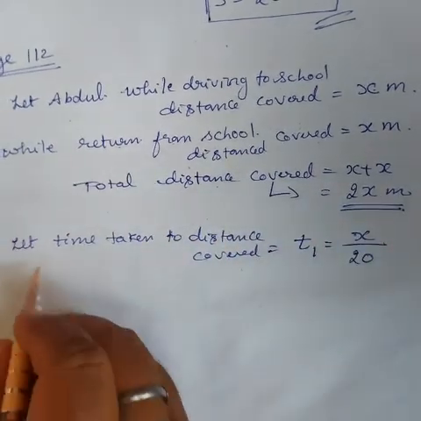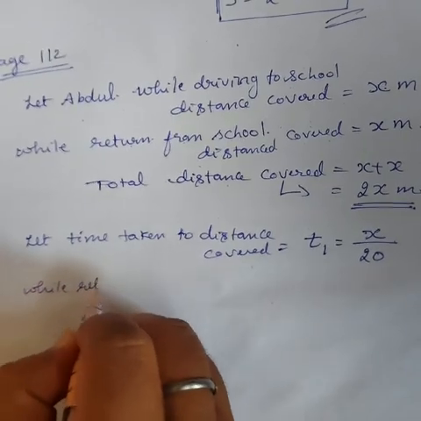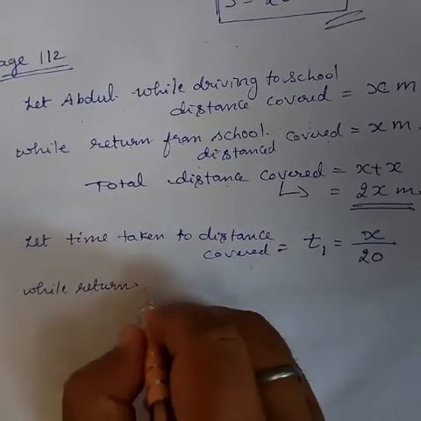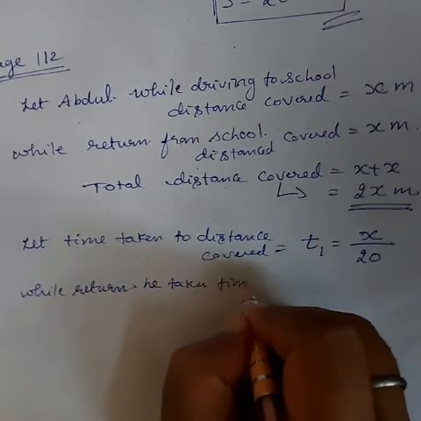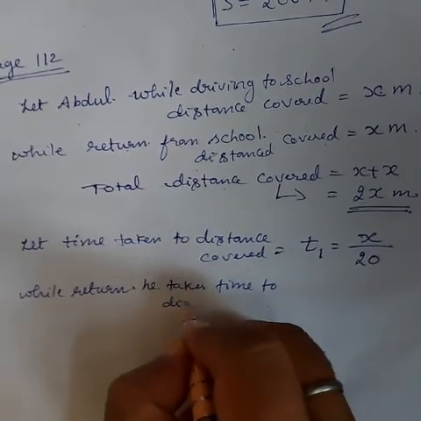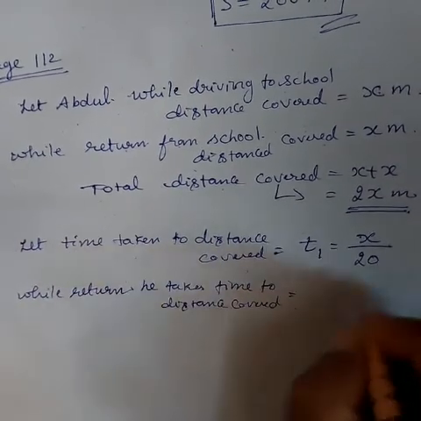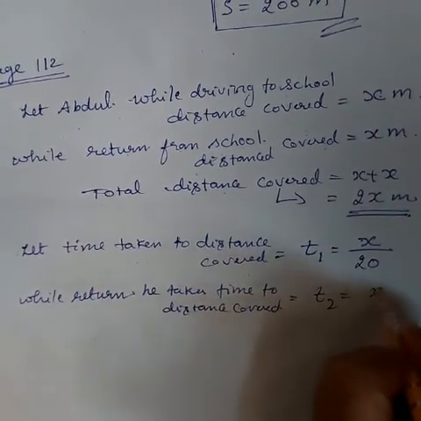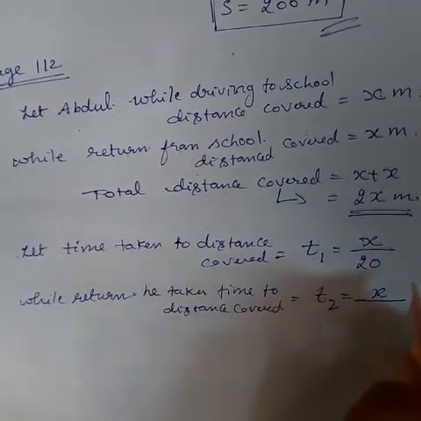Next, again, while returning, the time he takes to cover the distance is t2. t2 is equal to x upon, what is the average speed he takes while returning home from school?